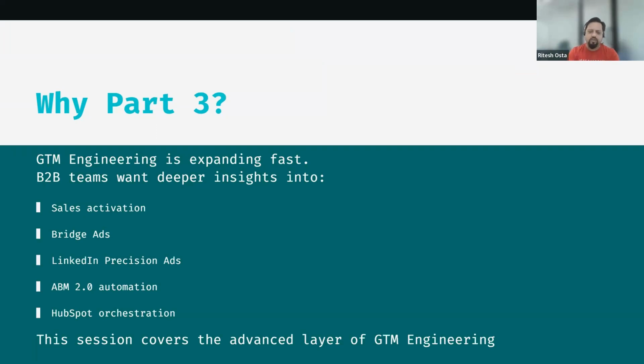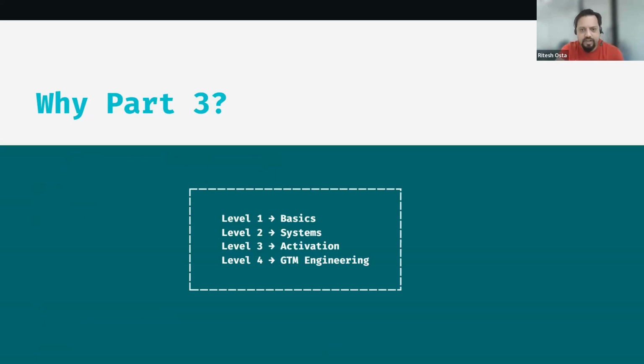Precision ads, a lot of questions coming up around precision ads 2.0, automation, ABM 2.0, what ABM 2.0 is, and HubSpot orchestration. Now, these are all separate topics, and I've already covered a lot of them in our previous webinars, but I'm going to keep the questions and the answers around this particular topic. And we are going to talk about this advanced layer of GTM engineering, right?